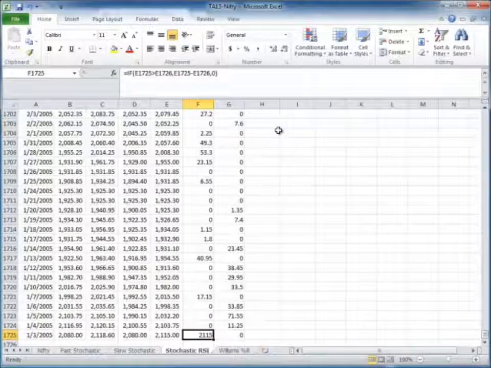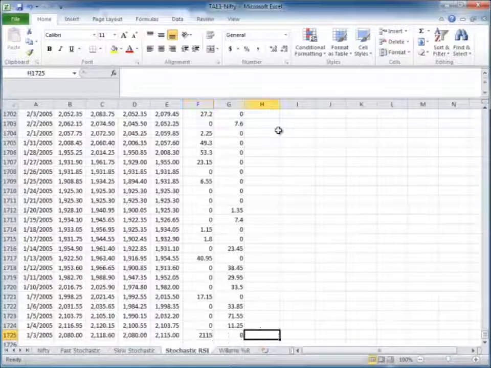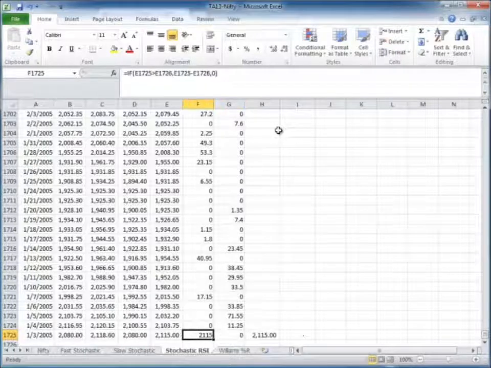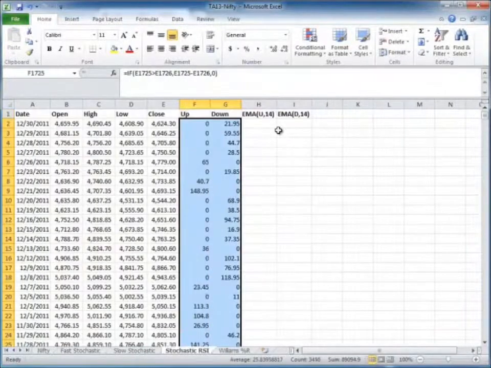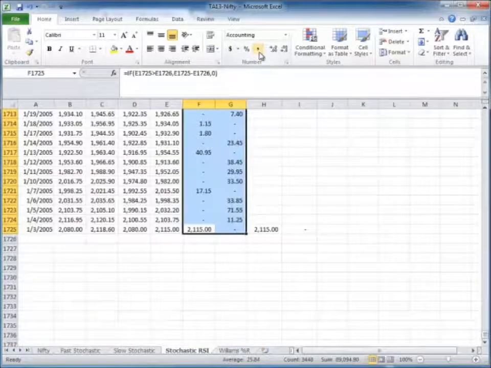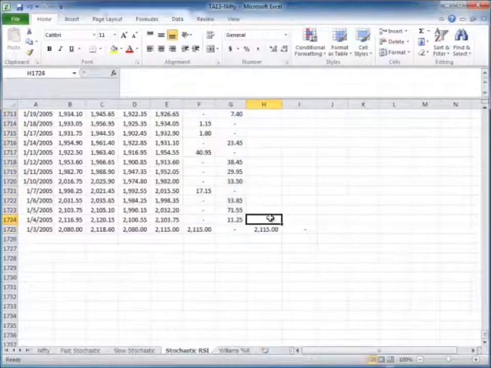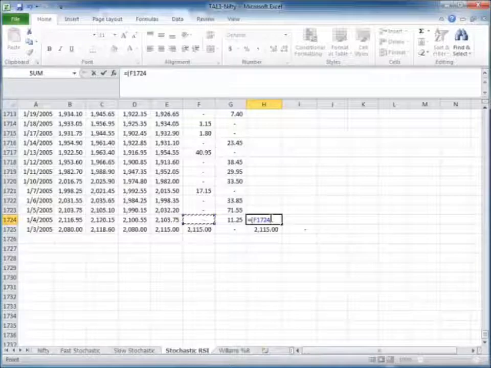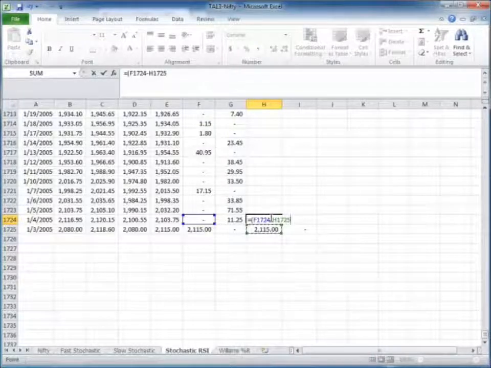Let me just copy these two values across, to make it easier, and put this in a nice format. So how does the EMA work? If we remember, the EMA is equal to the current value minus the previous day's EMA, which for the first observation we just have to use the price itself.